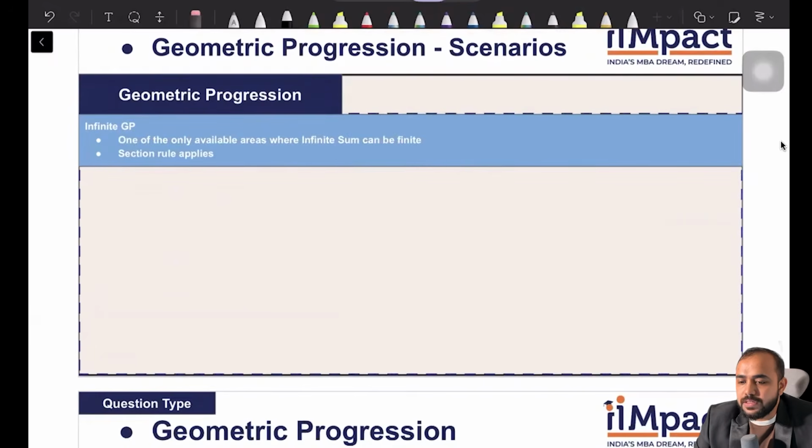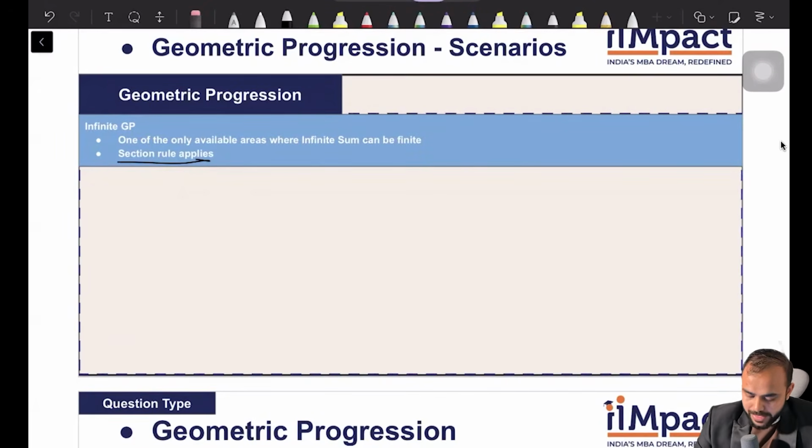Infinite GP is one of the only available areas where an infinite sum can be finite, which means whenever we come across a situation where they're asking us for an infinite sum till infinite terms, we should immediately think of infinite GP as something to try, because it's the most common go-to case. And secondly, even within an infinite GP, the section rule will apply.